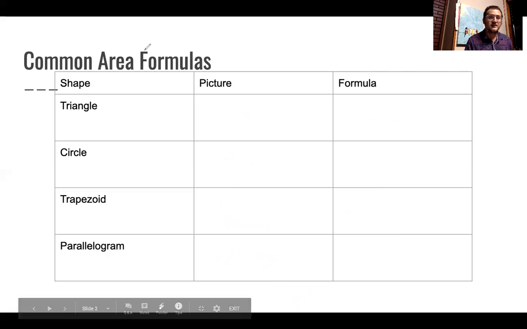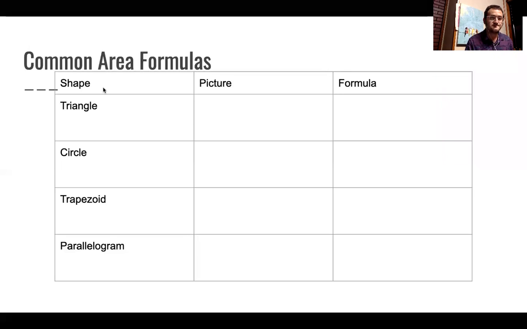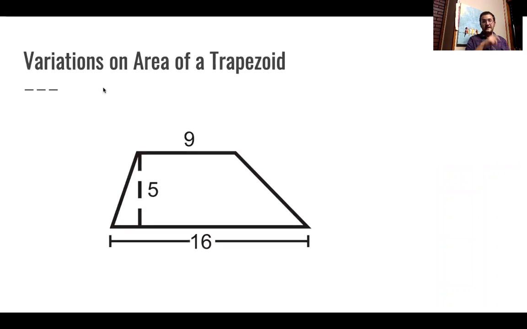All right, so I'm going to show you a common problem that you're going to see with trapezoids for the next one. Now, I like to give this problem in this lesson as bell work, and I may actually give a little bit more information than what I am giving you on this problem right now.